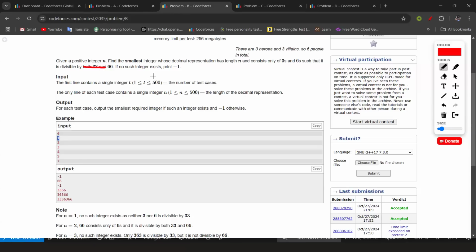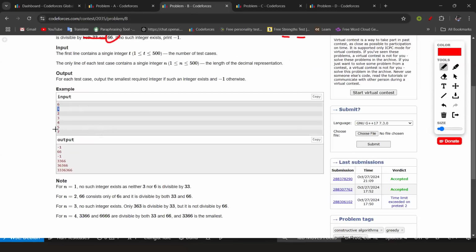So you just need to find an n-digit number consisting of 3s and 6s which is divisible by 66. For small cases 1, 2, 3 you know the answers from the sample. For large test cases, let's see if we can find some pattern.